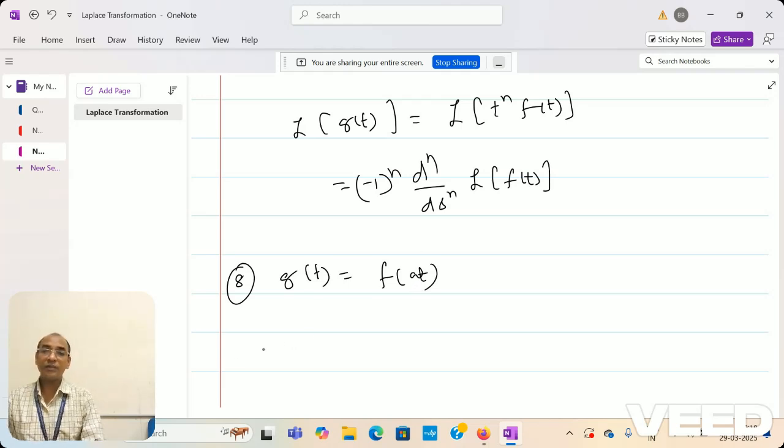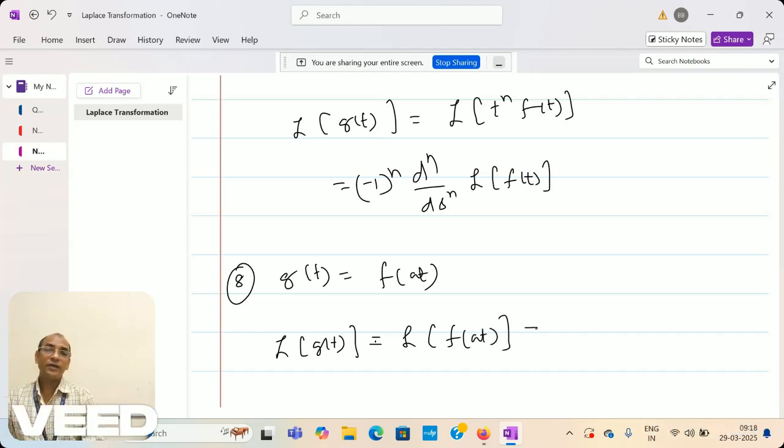In that case, the Laplace transformation of g of t, which is the Laplace transformation of f of at, is equal to 1 by a times f of s by a. This may be called the change of scale property. Using these standard Laplace transformations, we can solve certain problems.